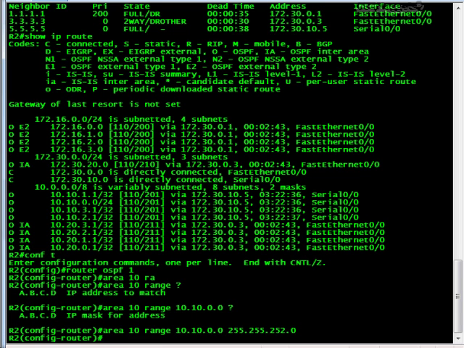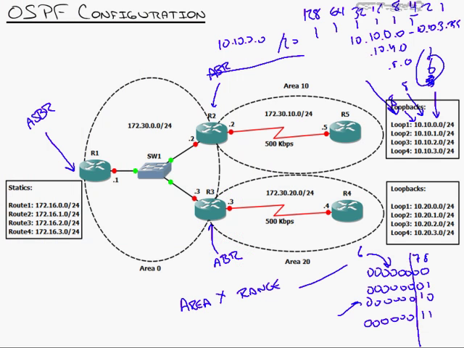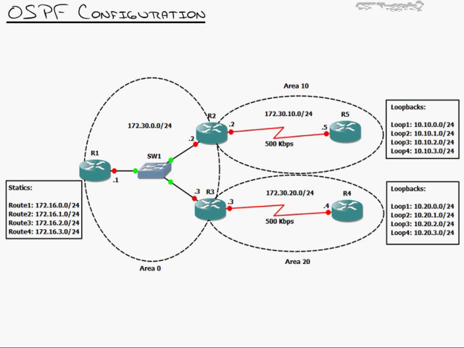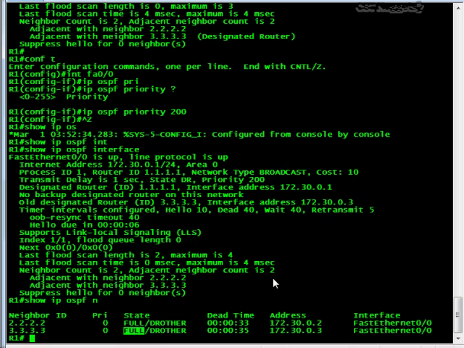So wham, immediately, as soon as I do that, router 2 says, I will take all of the individual addresses that match that summary mask from area 10 and suppress them and only advertise the summary route out to area 0. So let's make sure it's working. Shoot over to router 1.